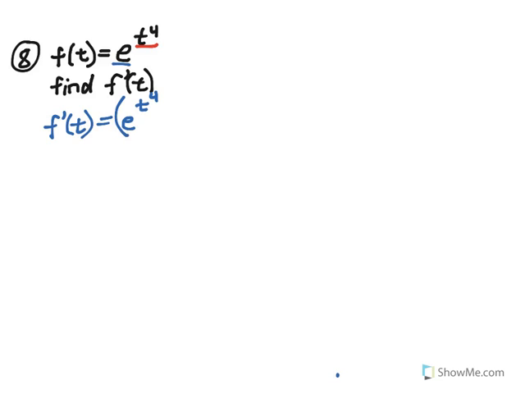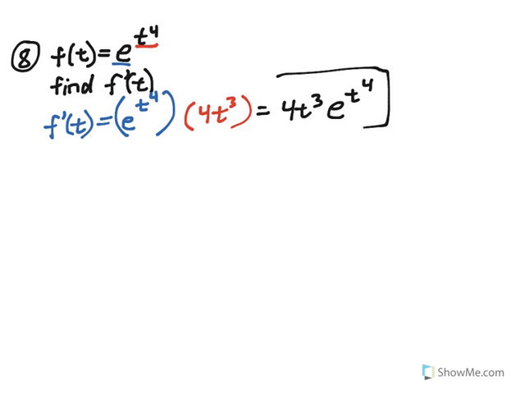So that's going to be the derivative of the outer function. And then the derivative of the inner function t to the 4th is a really simple power rule. So that's just 4t cubed. Clean this up a little bit, and you get 4t cubed times e to the t to the 4th. All right, and that's your answer.